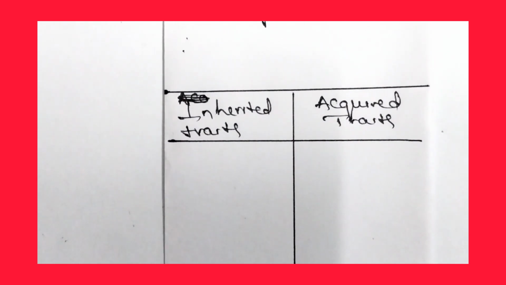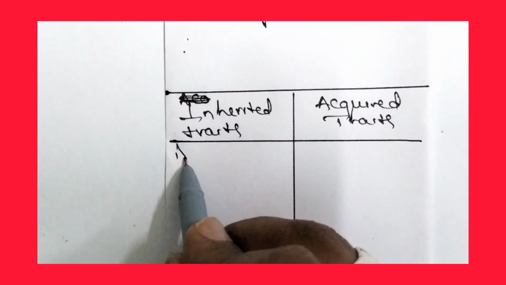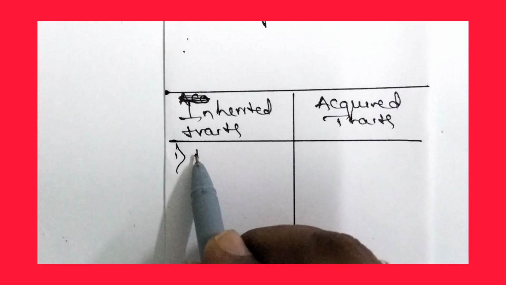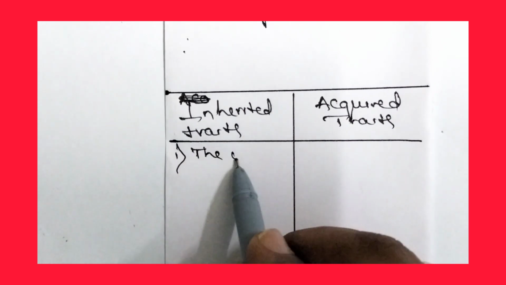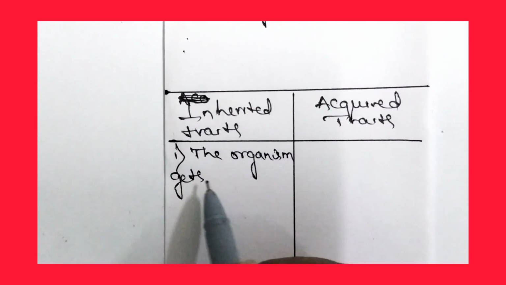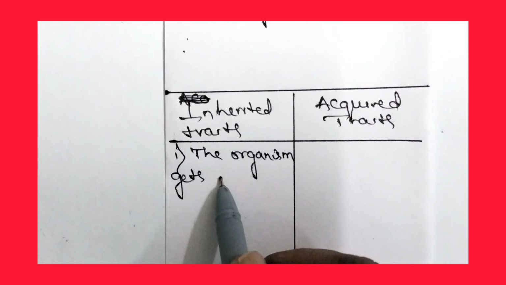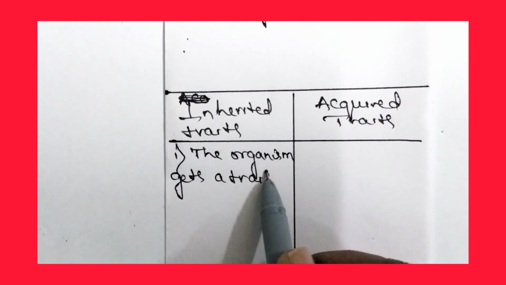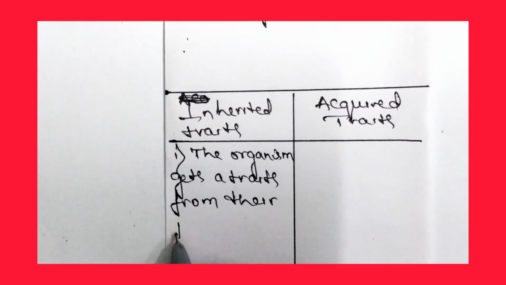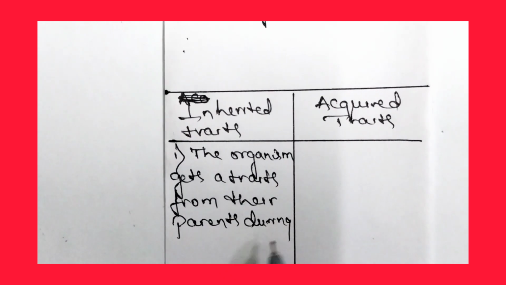Then after knowing about speciation and the factors responsible for speciation, now let us know what are the differences between inherited traits and acquired traits. Inherited traits: the organism gets a trait from their parents during birth.